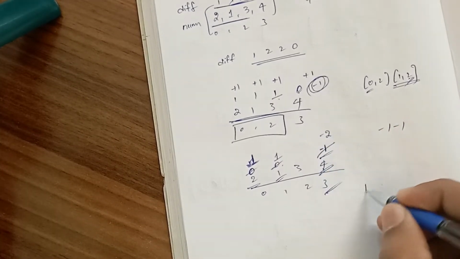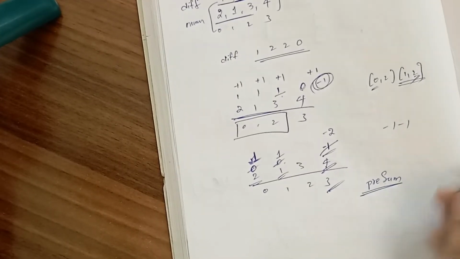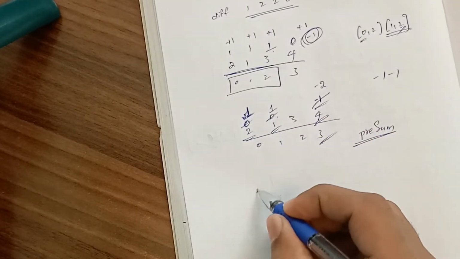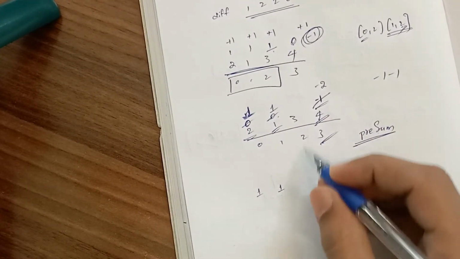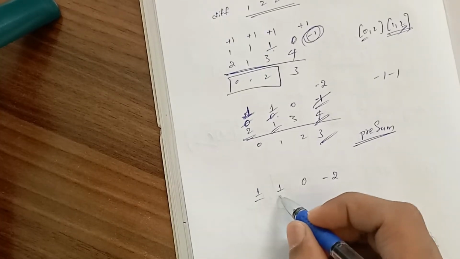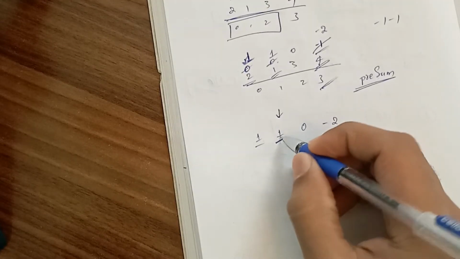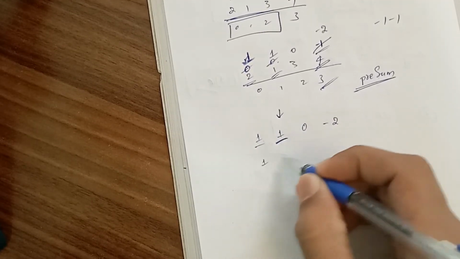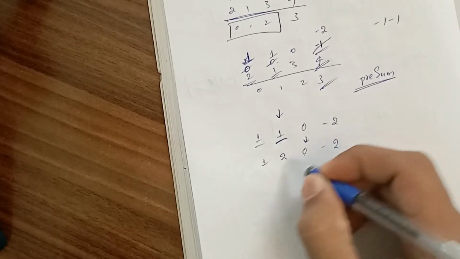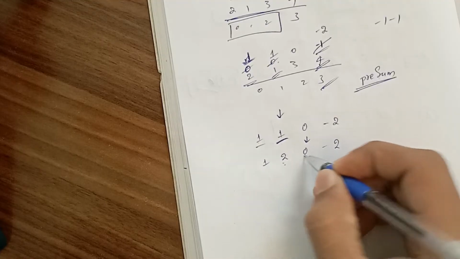So if you calculate the prefix sum, let us see what happens. Here we are having 1, and here initially it is 0, and here minus 2, 1. We will be iterating from this element. So 1 plus 1 will become 2, and then we are at this index. 0 plus 2, we need to add the previous element to the current element.